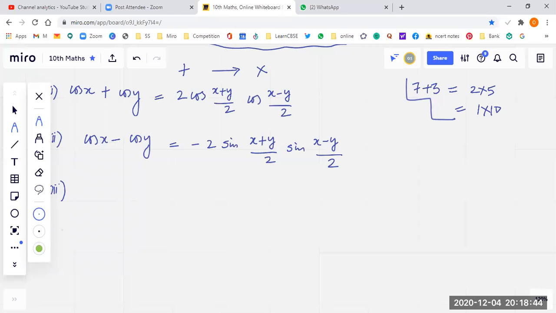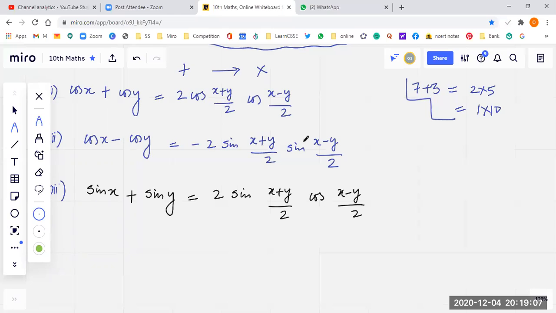This is sine x plus sine y is equal to 2 sine x plus y by 2 cos x minus y by 2.